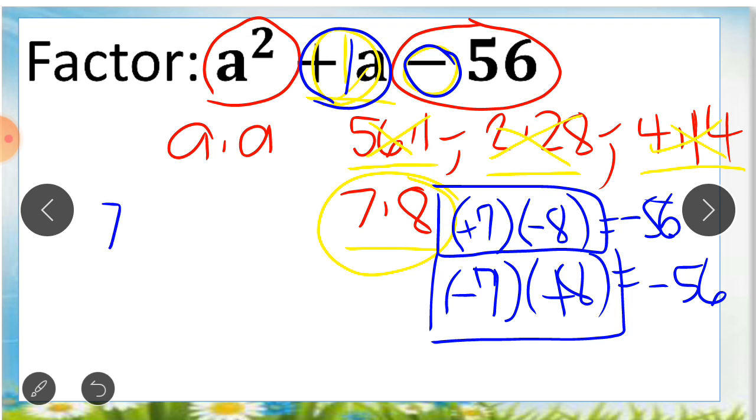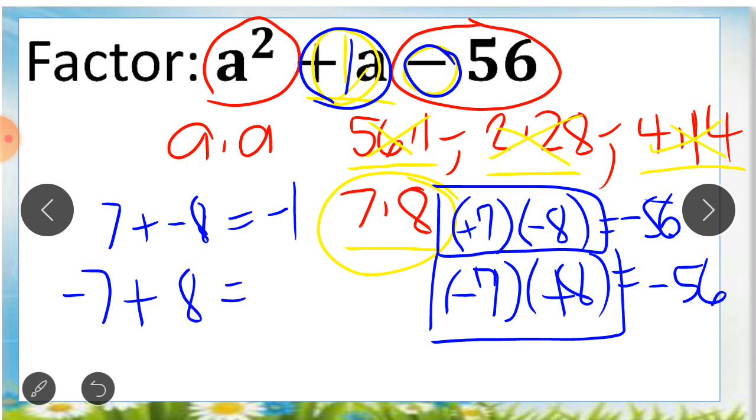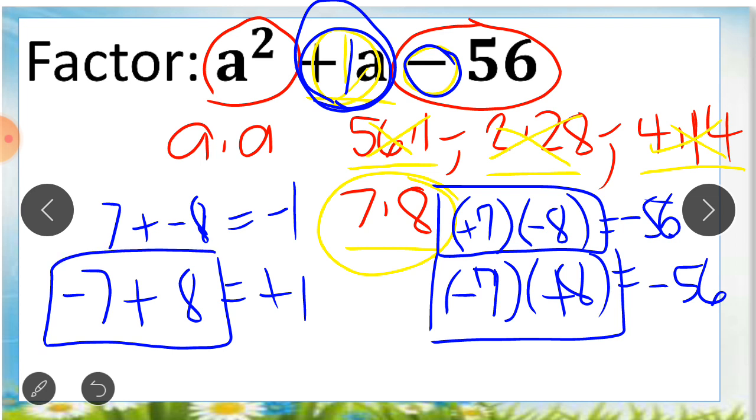Positive 7 plus negative 8 will give us negative 1, and negative 7 plus positive 8 will give us positive 1. So the one with positive 1, because the middle term is positive 1, will be chosen. So we have negative 7 and positive 8.